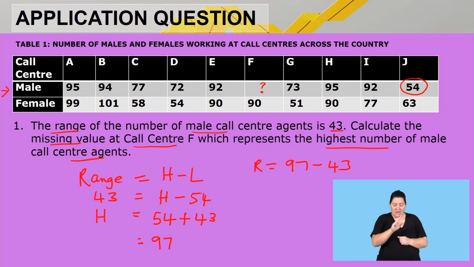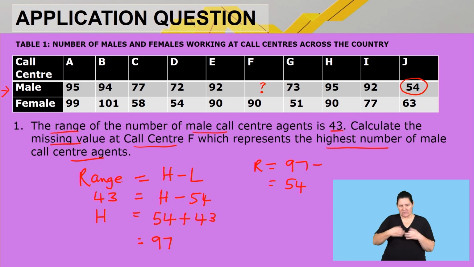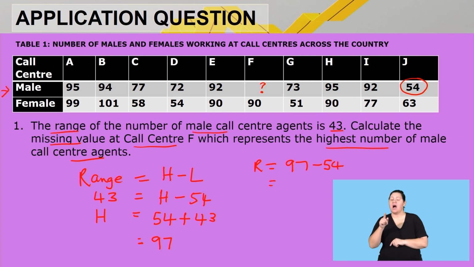So 97 minus 43 gives the range of 50. Sorry, I'm wrong here. Let's quickly recap that. We said range equals highest value minus the lowest value, which is 54. Now, if I type this in, 97 minus 54, it gives us 43.